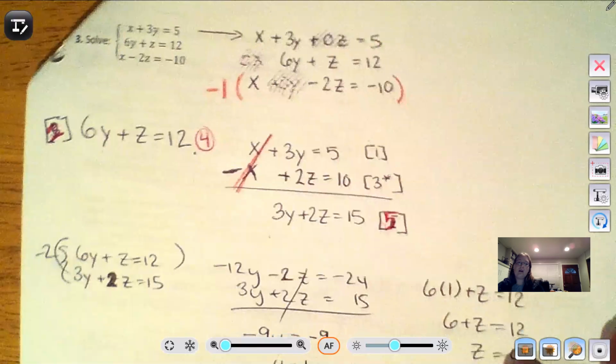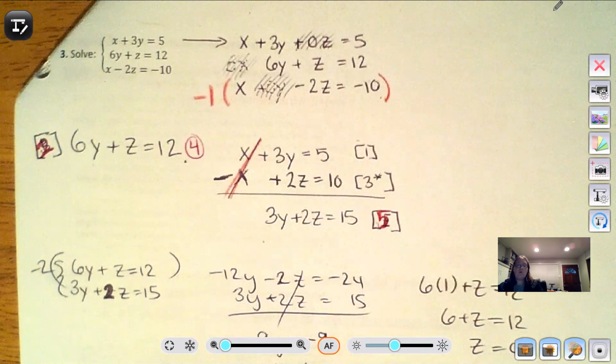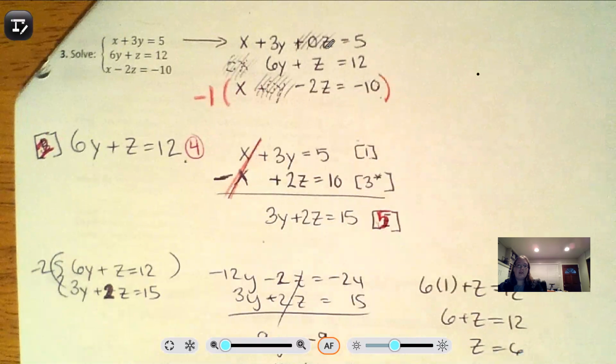So that's basically it. The weird thing is if there's zeros, people think it's harder. It's intended to be easier, but it's just weird looking. So I like to put them in so you can more clearly see what you want to get opposites of, and like, oh, I've already gotten rid of z, so I could get rid of z's just by multiplying this by 2.